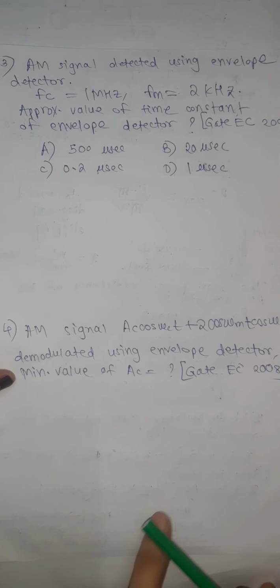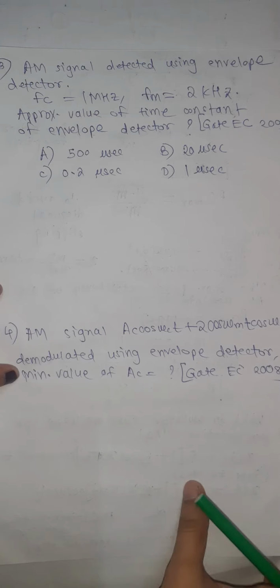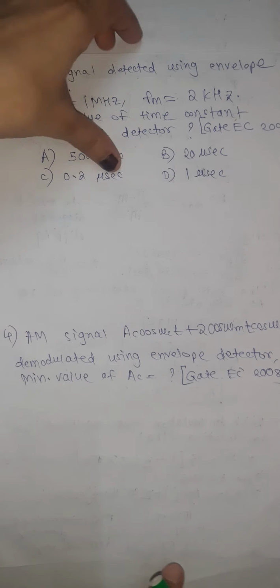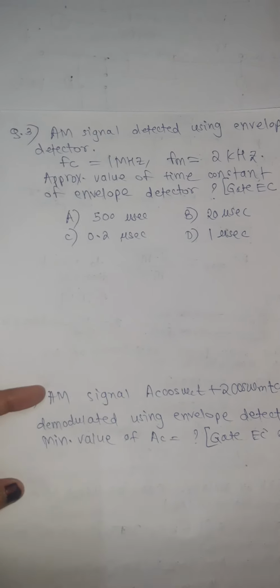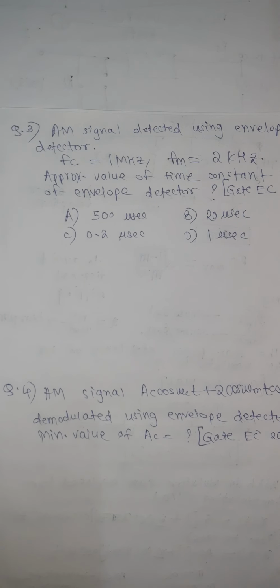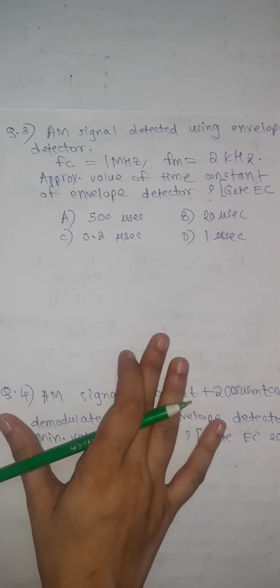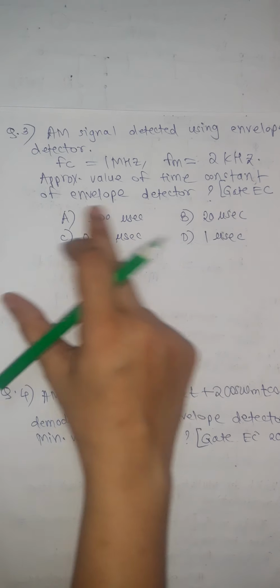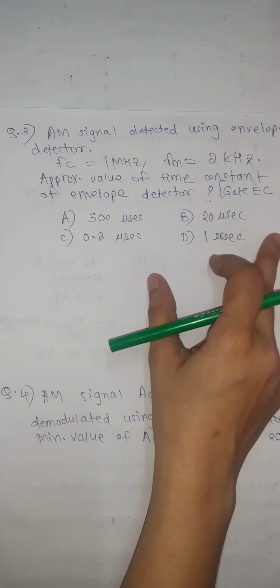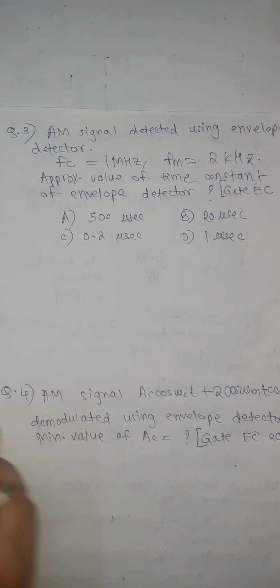The next question was asked in GATE EC 2004. Here AM signal is detected using envelope detector. fc, that is carrier frequency, is given as 1 megahertz. fm, that is the message signal frequency or modulating signal frequency, is given as 2 kilohertz. Approximate value of time constant of envelope detector is what? So this formula we have seen.